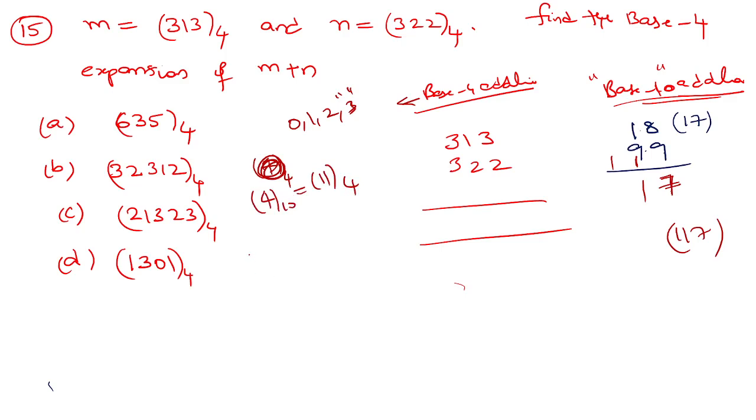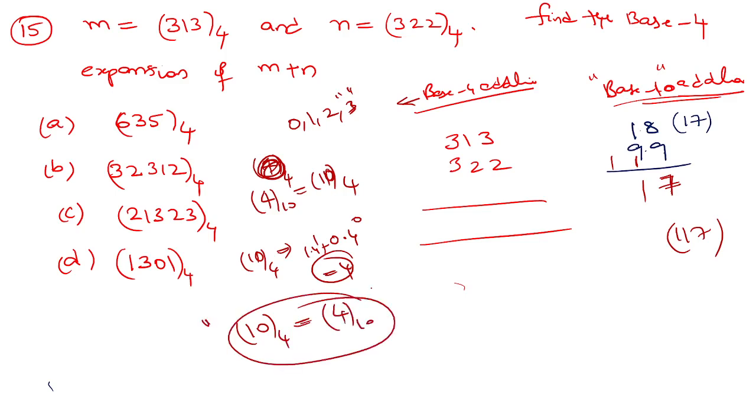Yes or no? 1, 0. We can write 0 into 4 power 0 plus 1 into 4 power 1, that is equal to 4. So 10 in base 4 is equivalent to 4 in the decimal number system.